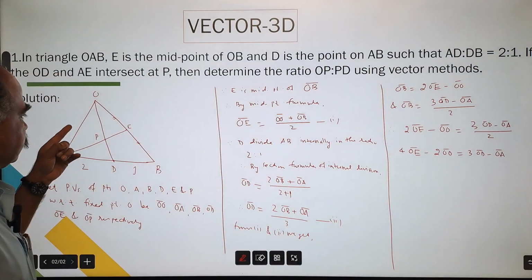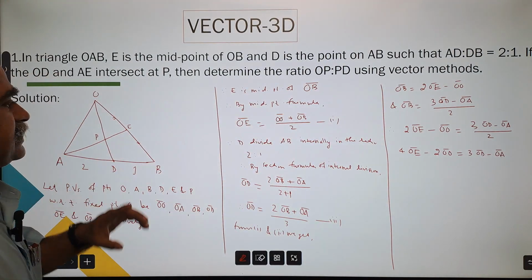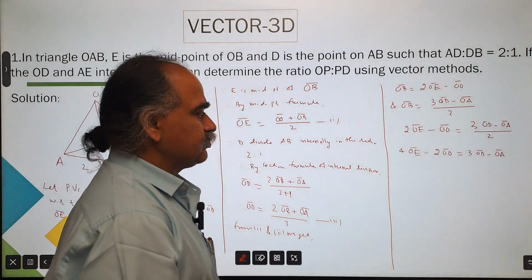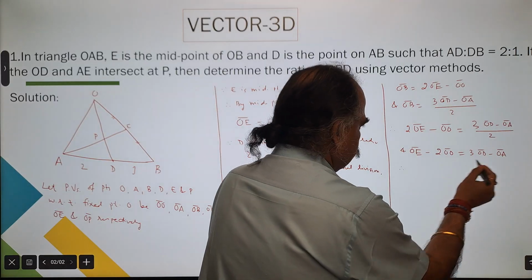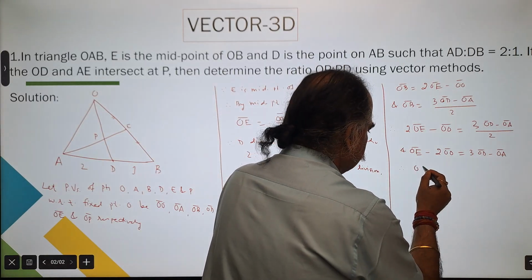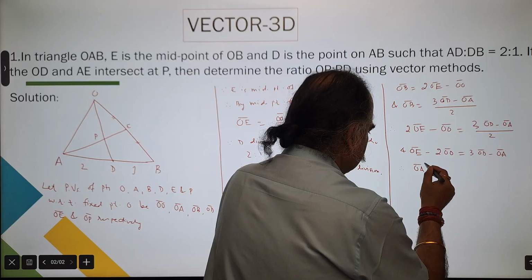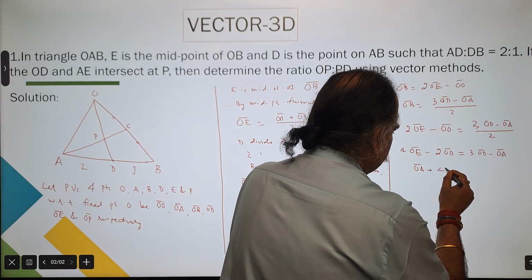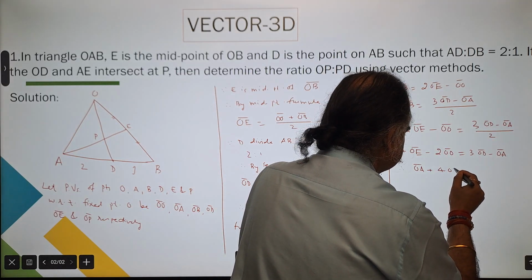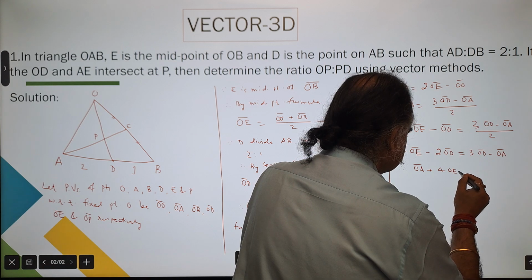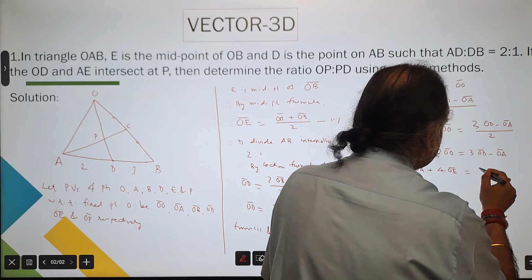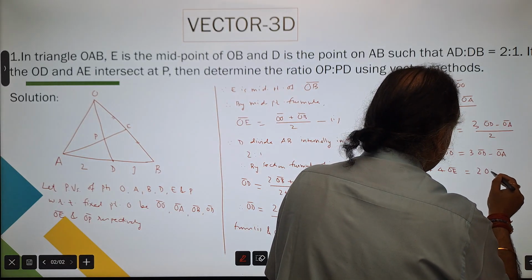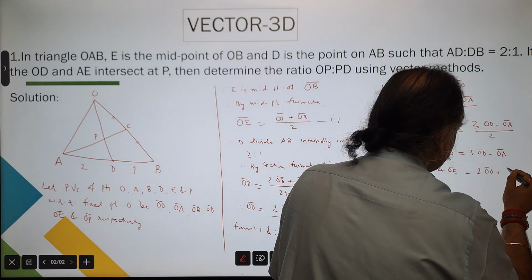P is the point of intersection of OD and AE. So we want A bar, E bar together and O bar and D bar together. So bring OA bar on this side: OA bar plus 4 OE bar is equal to 2 OO bar plus 3 OD bar.